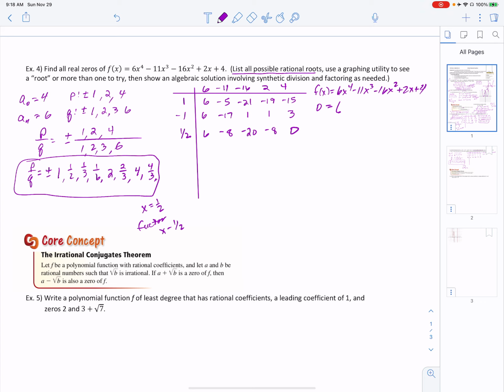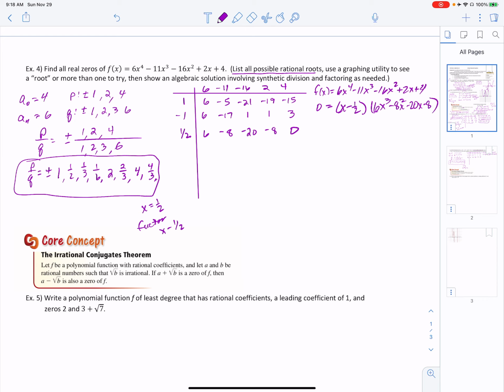And so this is going to factor as x minus 1/2 times 6x cubed minus 8x squared minus 20x minus 8.